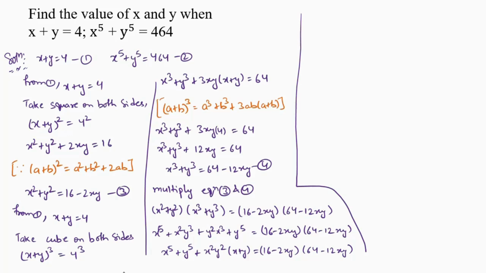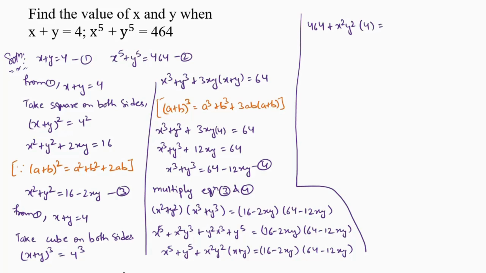We know the value of x raised to power 5 plus y raised to power 5 is equal to 464 from equation 2. So put the value of x raised to power 5 plus y raised to power 5, that is 464, plus x square y square bracket, we know the value of x plus y, that is 4 from equation 1. So put the same as well.